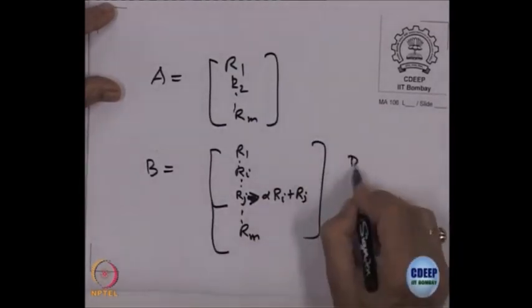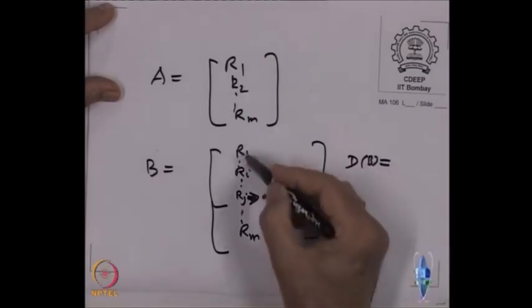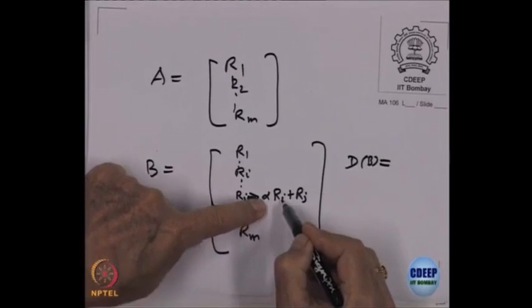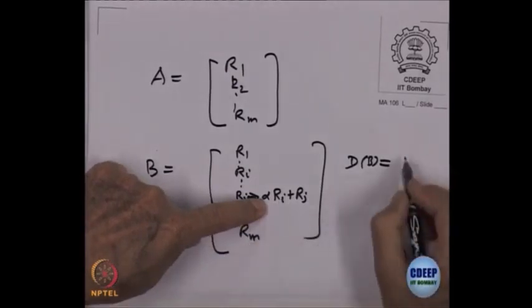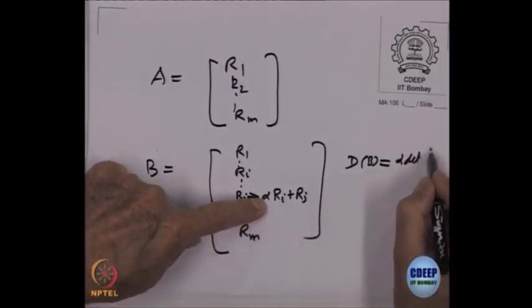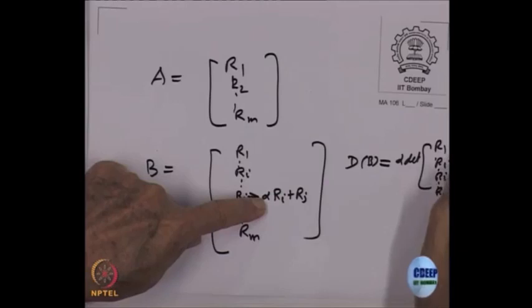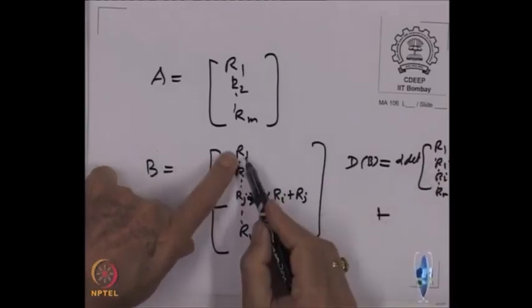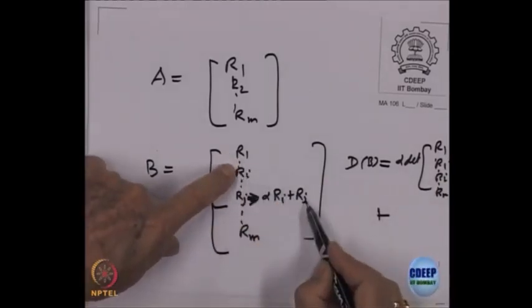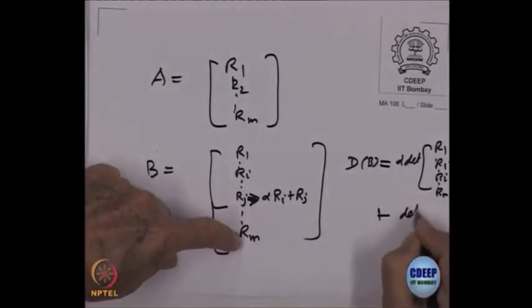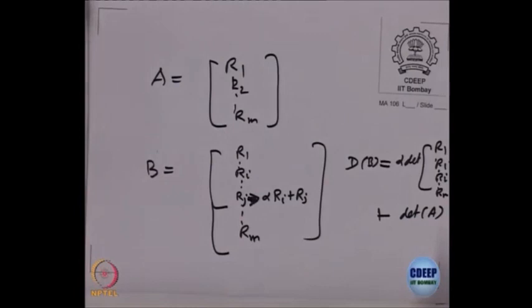So what will be the determinant of B? It will be alpha times the determinant of R1, Ri, and again Ri at the jth place, up to Rn, plus the determinant of R1, Ri, Rj, and Rn. So that is the determinant of A. Is that okay?